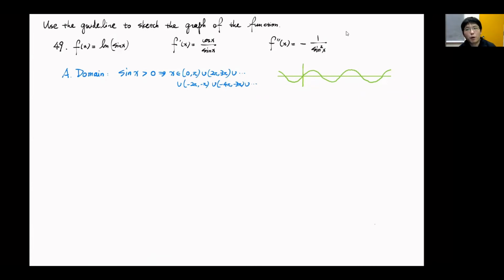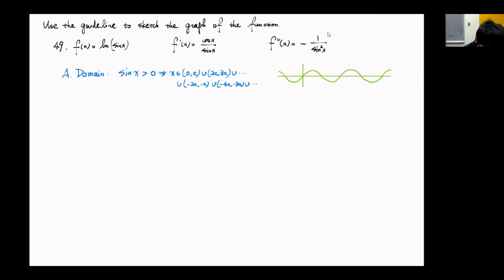This looks very complicated, but we should not worry about this too much because we will soon discover that this function is periodic. Once we know that this function is periodic, all we need to do is focus on one of these intervals. But let's discuss that later. So this is the domain.